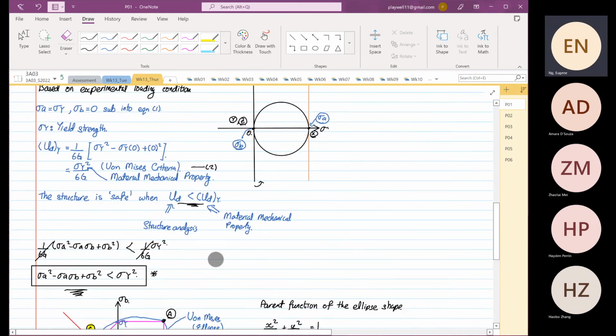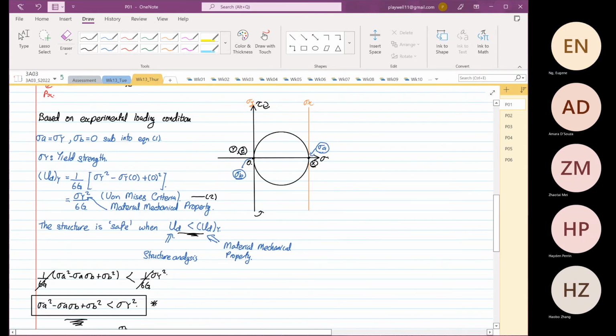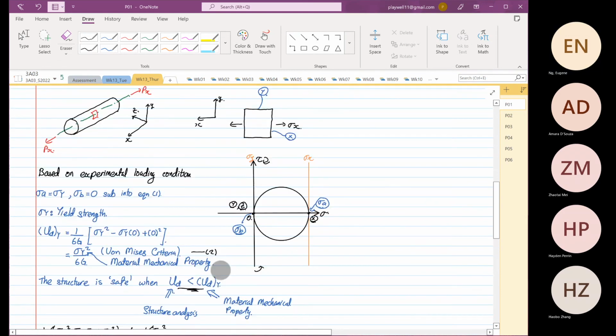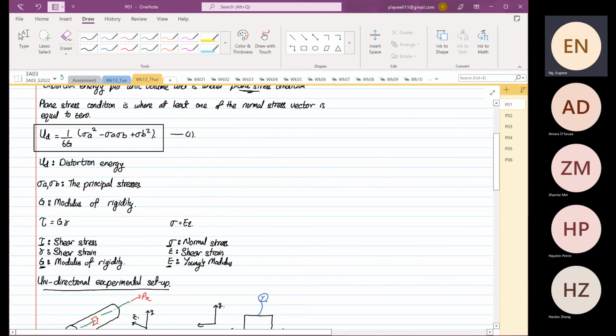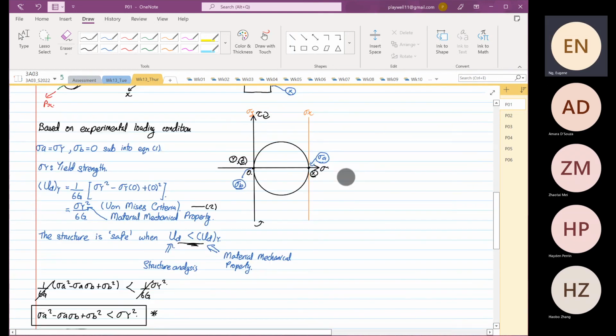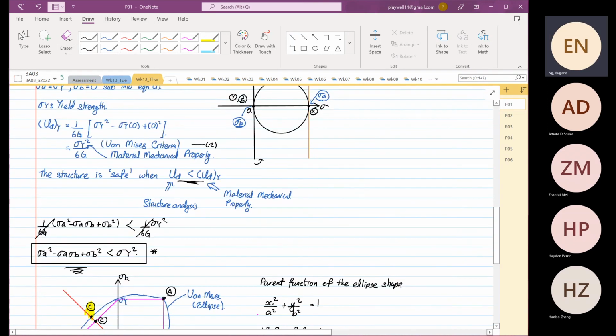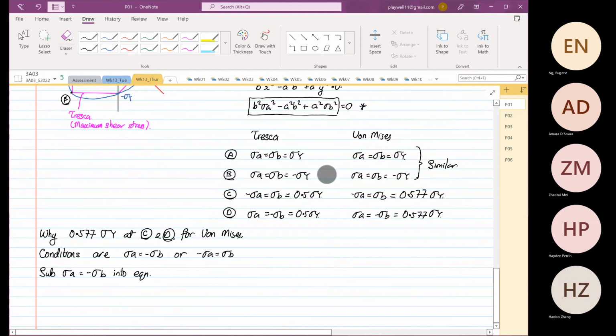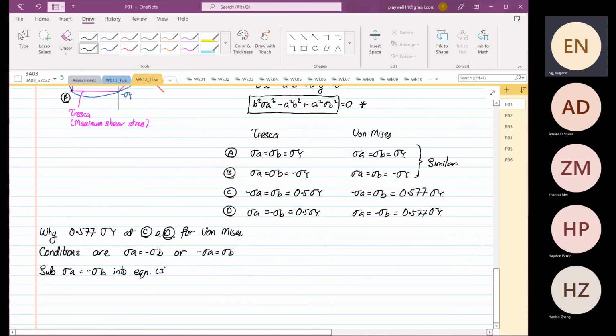We're going to substitute into equation 1, okay? Sorry, not equation 1. We're going to substitute into, I'll call this equation number 3. Okay, if we substitute this into equation number 3. So we substitute into equation number 3.